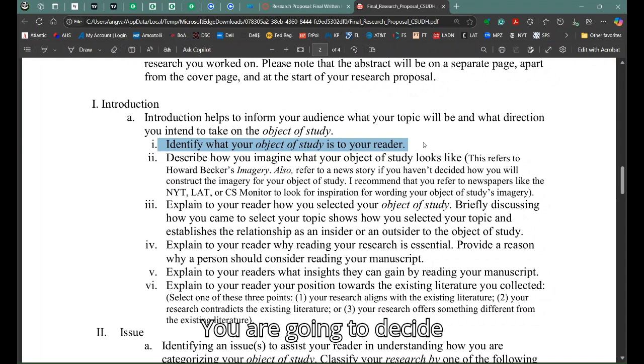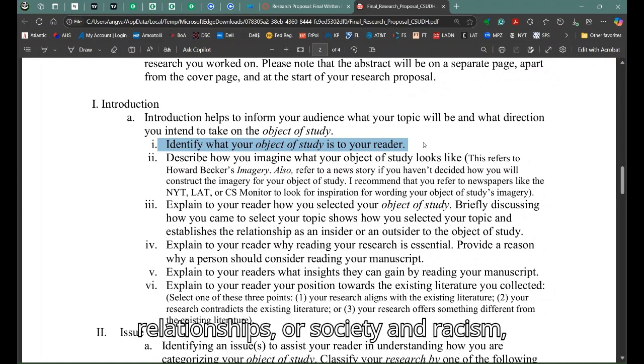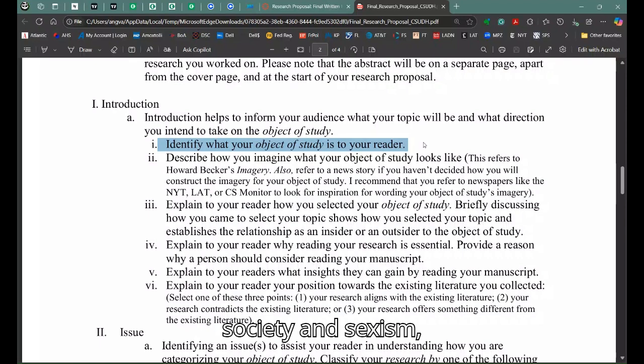You are going to decide what the other half of that formulation is going to be. So it could be, for example, society and technology, or society and relationships, or society and racism, society and sexism, society and political violence. All right.